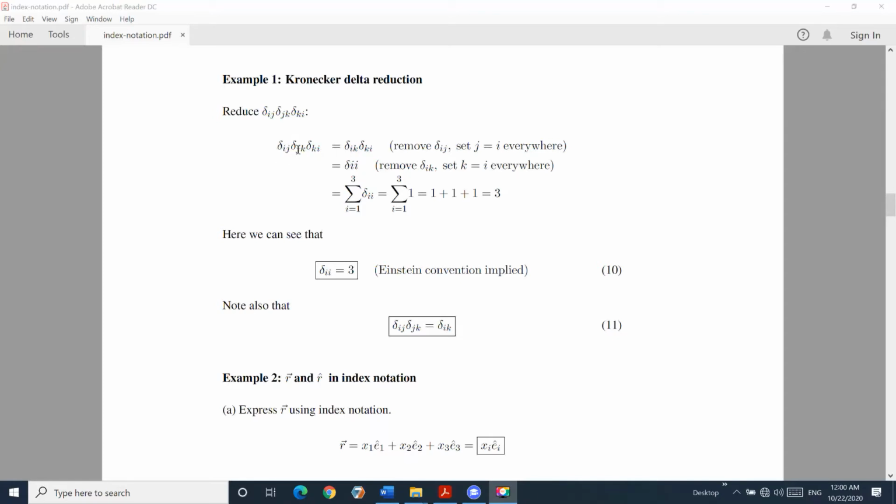Here the j is exchanged with the i, so it's going to be ik, and here ki.